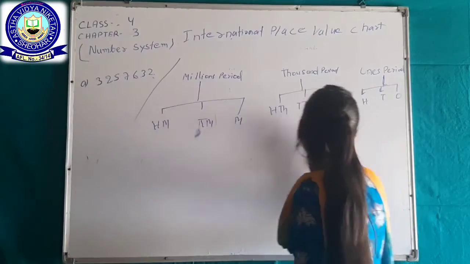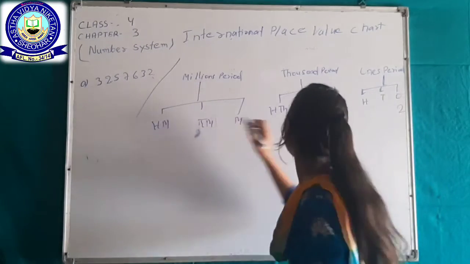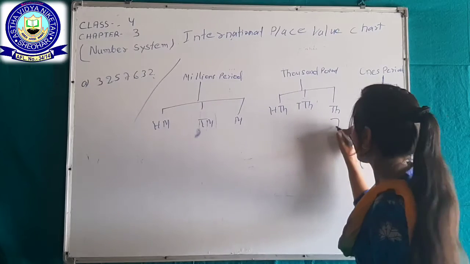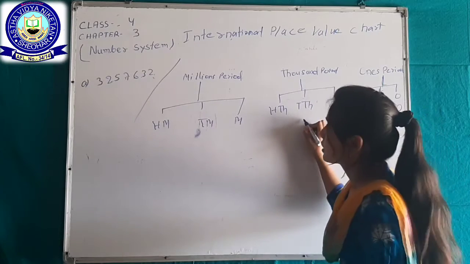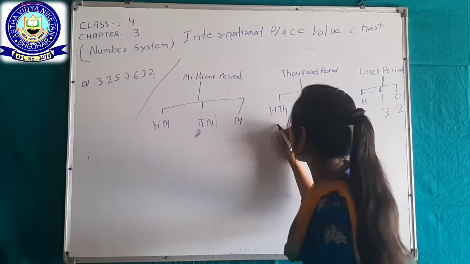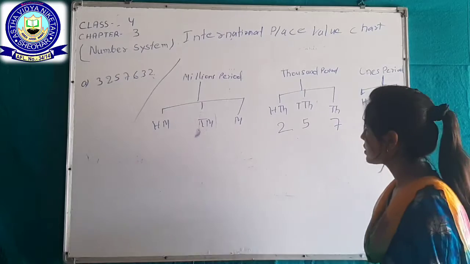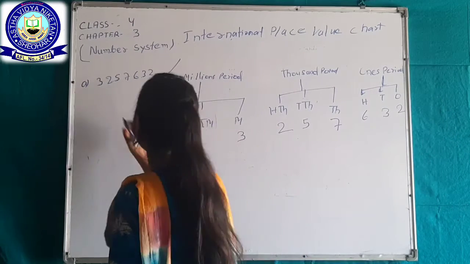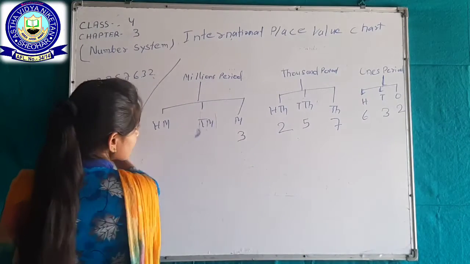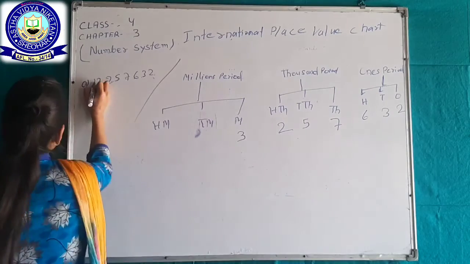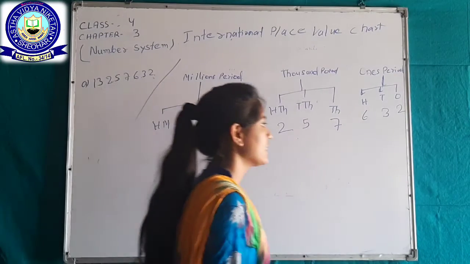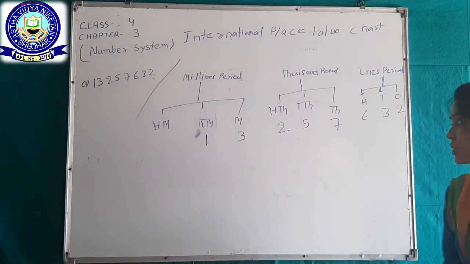Here is 2 for ones, 3 for tens, 6 for hundreds, 7 for thousands, 5 for ten thousands, 2 for hundred thousands and 3 for millions. You can add some digits here, and 1 for 10 millions. You have to write it in the international place value system using commas.